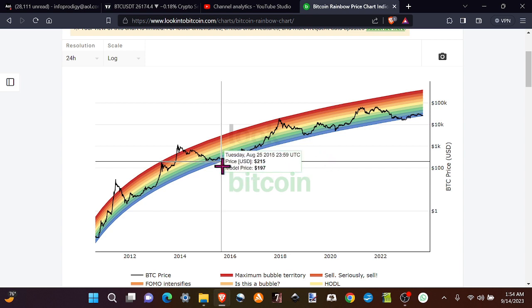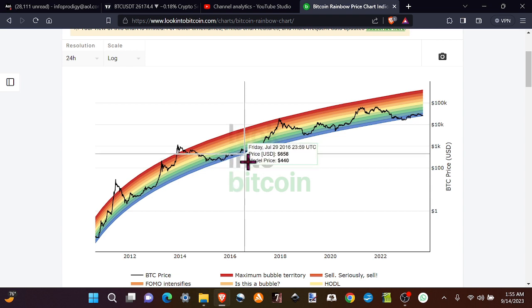And so you can see here in the middle, we entered the very last bottom blue band here in 2015. We popped up a little bit a couple of times into the green, and then we came back down into the blue again.